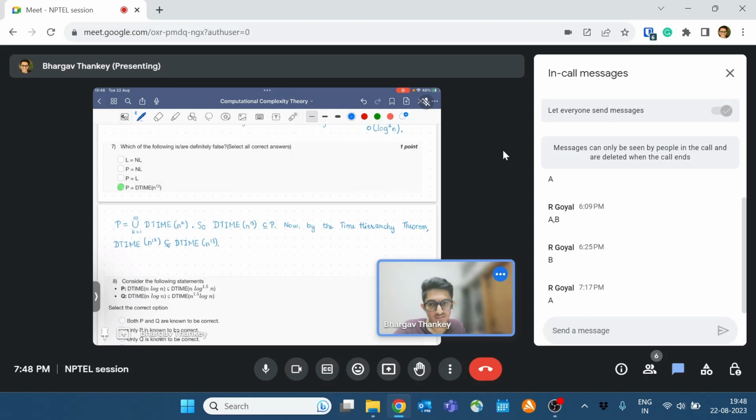And from the time hierarchy theorem, we know that D time n to the 12 must be strictly contained in D time n to the 13, right? Yes. In fact, through this example only, now I understood the real importance of the time hierarchy theorem.